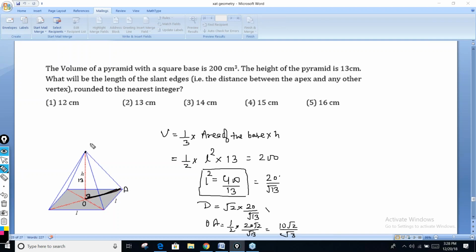So what is the value of, let's say, AB? AB square is 13 square plus this square, 10 root 2 upon root 13 square. So that is 169 plus 200 upon 13.